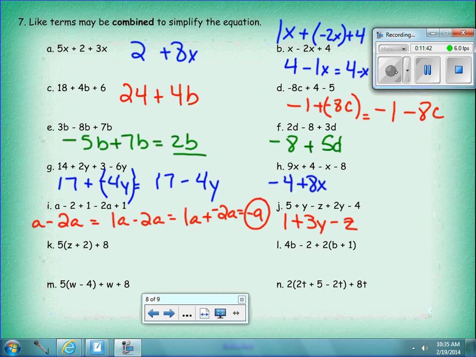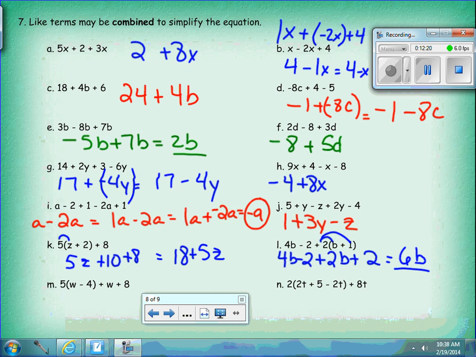In I, I did a lot of writing for you to understand, but notice our constant terms cancel each other out. I have negative 2 plus 1 plus 1, that equals 0. So we have a minus 2a left, and just for teaching purposes, that's understood to be 1a minus 2a. Then I add the opposite, and what I had left was negative a. In J, my constant terms, 5 minus 4 is 1. I have 3y's, and then all I have left in my variable z is negative z.